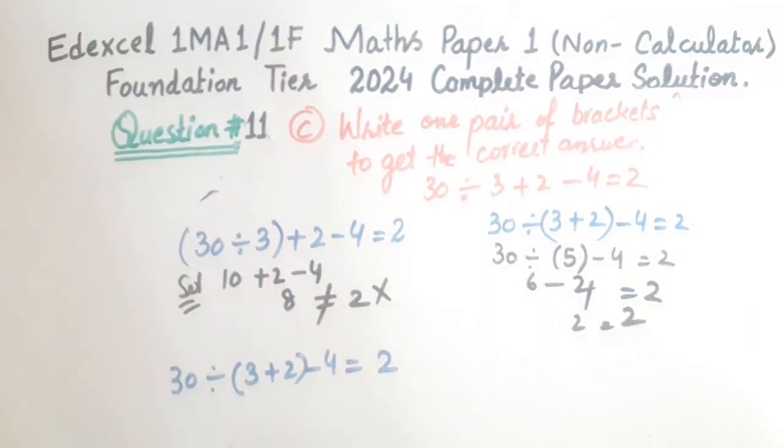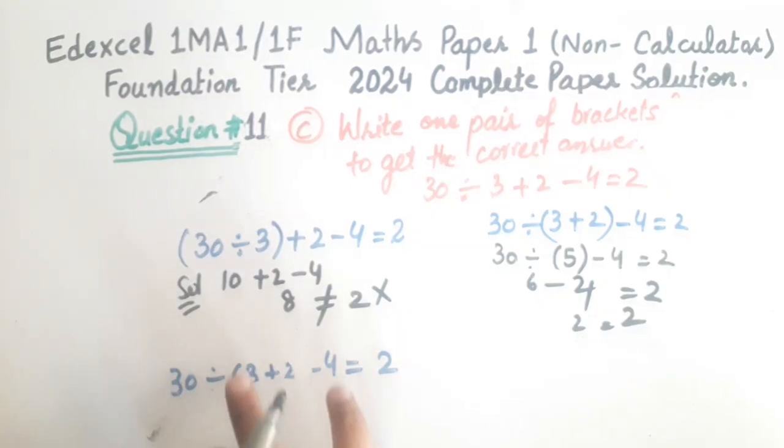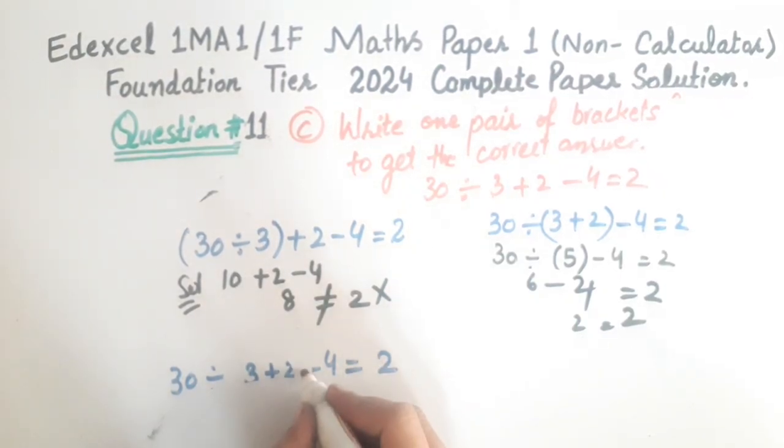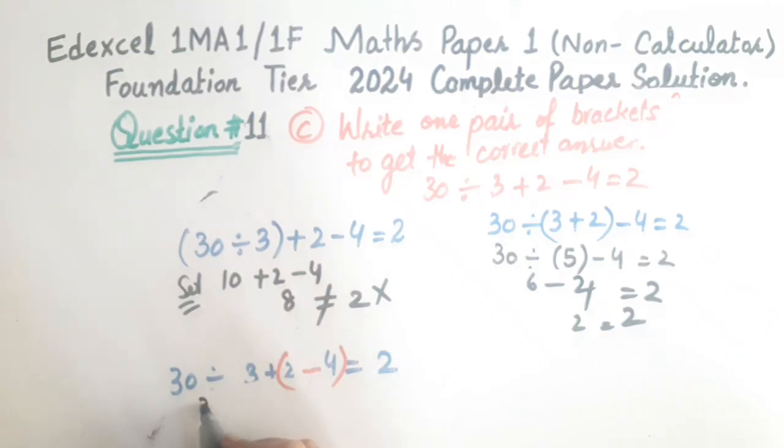Now the third one is 30 divided by 3 plus 2, that is 5. So 5 minus 4 — for the third bracket we change this as 2 plus this one. So 2 minus 4 is minus 2.